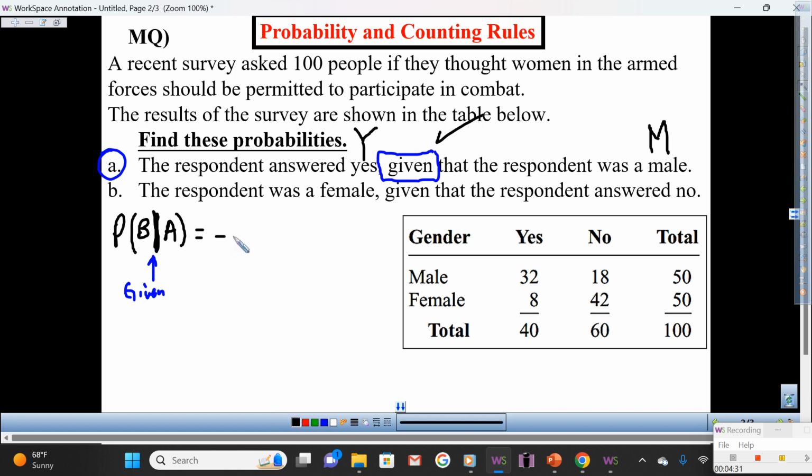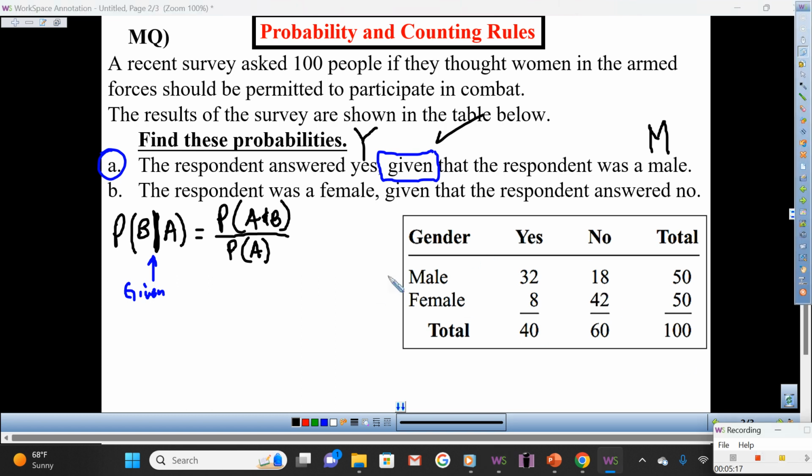Equals, what do I write on top? P of A and B. All right, A and B. How about underneath? A. All right, double check your formula just to make sure, please.